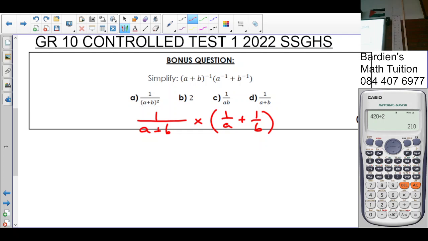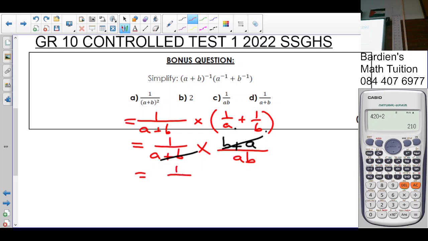So to get to one term first, I need to find the LCM, of course, which is AB. So I multiply that by B, multiply that by A, which is A times 1 over A plus B. Now A plus B and B plus A is the same. So that cancels, leaves you with an answer of 1 over AB, which makes the answer C.